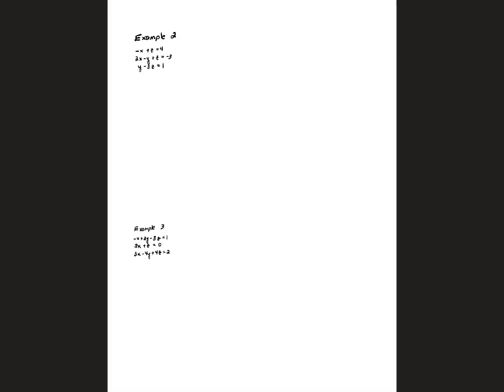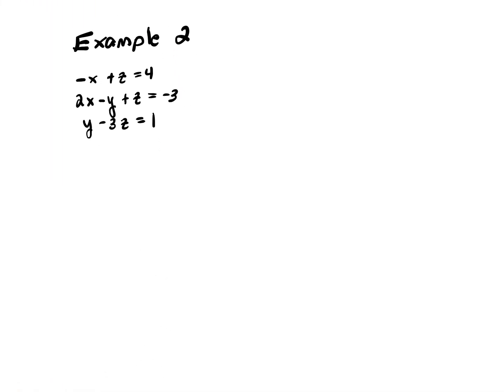For your next example, we now have 3 equations with 3 variables that we are working with. So we're going to use the same kind of method in order to solve this. It's just now we're going to rewrite the first 2 columns on the outside to the right of the matrix. So we have negative x plus z is equal to 4, 2x minus y plus z is equal to negative 3, and y minus 3z is equal to 1.